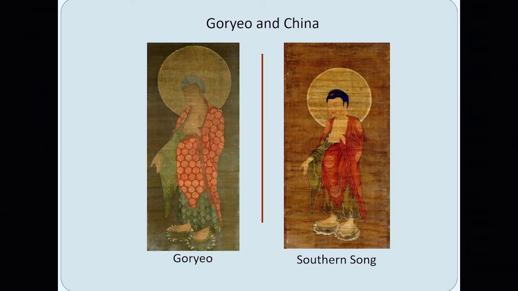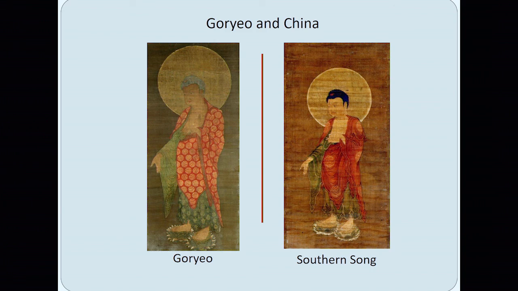And I just chose one of those three in the previous slide. When comparing the Goryeo Descent of Amitabha at Shoboji, here on the left, to the Descent of Amitabha from Southern Song China, on the right, we can see very significant differences, even though the two paintings are nearly identical in basic coloring, posture, and costume.